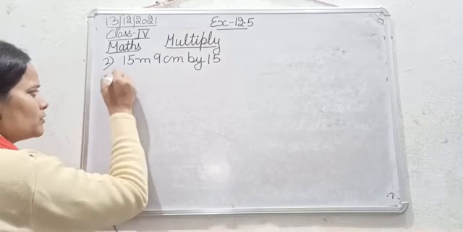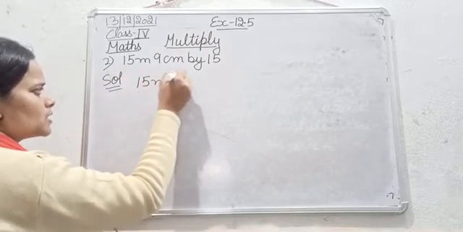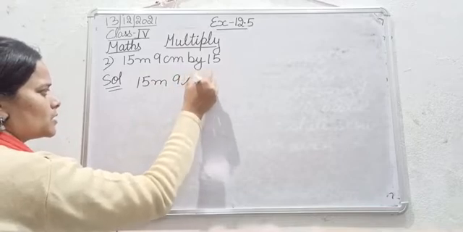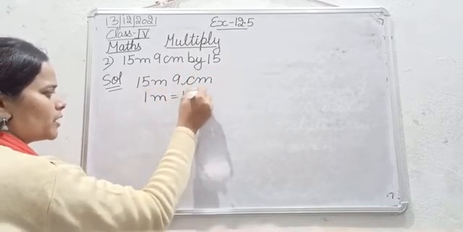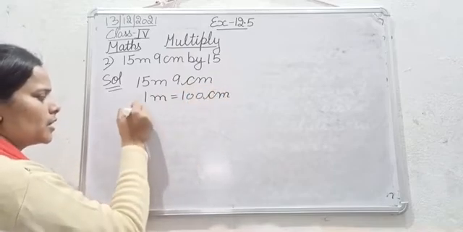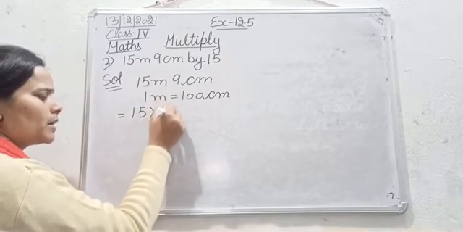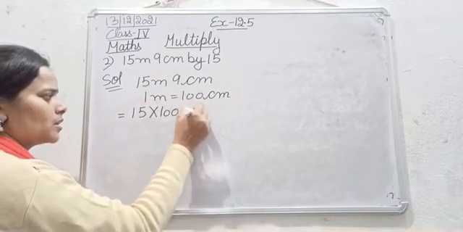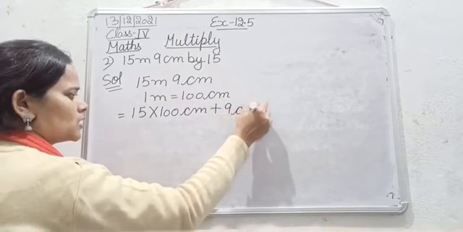Again, first of all, we will do the conversion. 15 meter 9 centimeter. 1 meter is equal to 100 centimeter, and 15 meter will be converted into centimeter by multiplying it with 100, plus 9 centimeter.